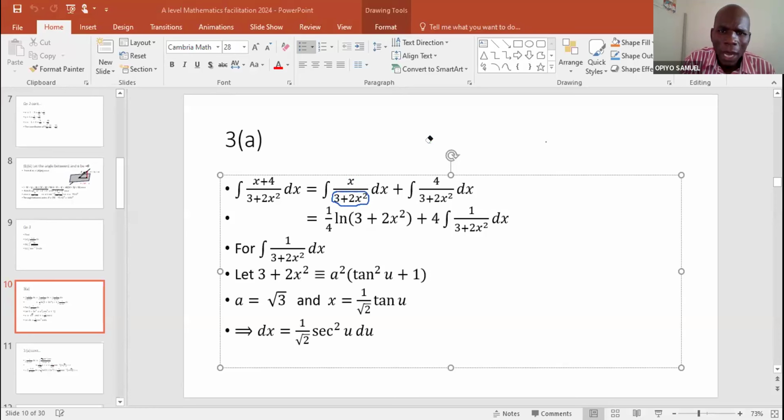What we shall do at this point is to create the missing term. Since the missing term is 4, I can have 1 over 4, then 4x will be inside, so that when I differentiate, this is exactly that. So it becomes 1 over 4 natural log of 3 plus 2x squared.